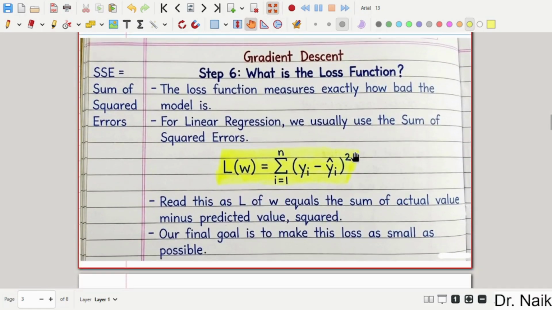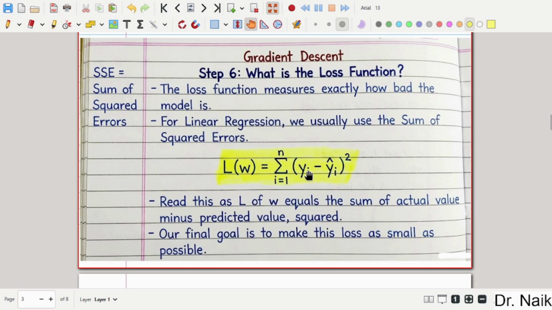What is a loss function? The loss function measures exactly how bad the model is. For linear regression, we usually use the sum of squared errors, that is SSE. L of w is equal to the summation of the actual value minus the predicted value, squared.